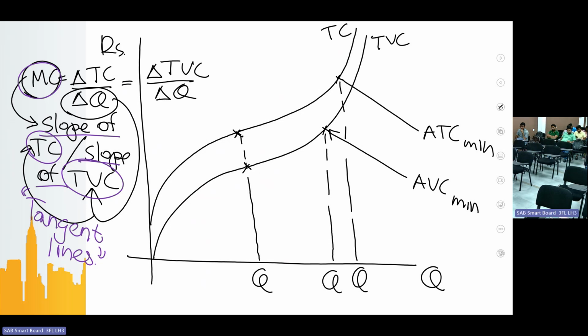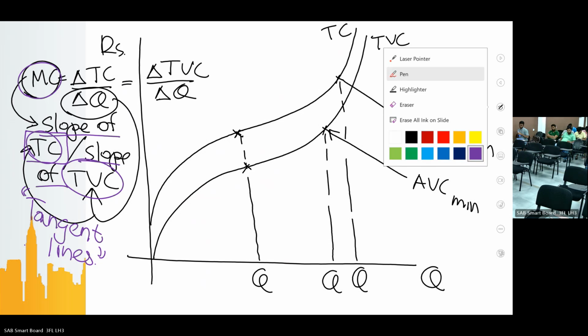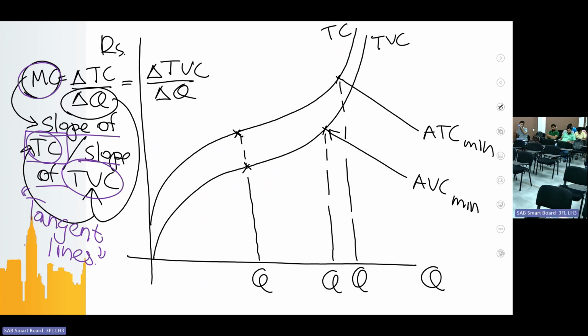So let's draw tangent lines to TC. If you draw tangent lines to TVC, you will get the same results for MC. I draw tangent lines to this point, to this point, this point, this point.